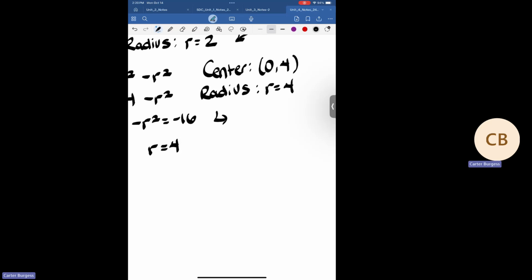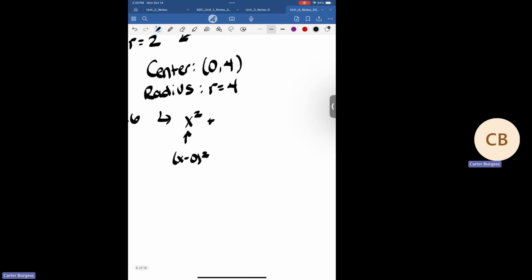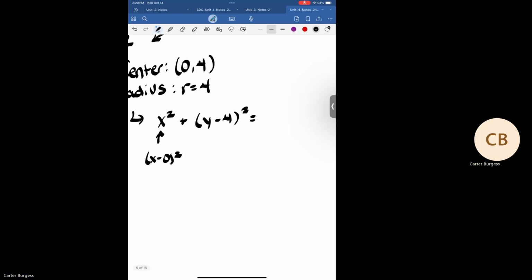You do x minus 0 squared, but that simplifies, right? So x squared, which is equivalent to x minus 0 squared. Then y minus 4 squared. And what is that going to be equal to? 16.